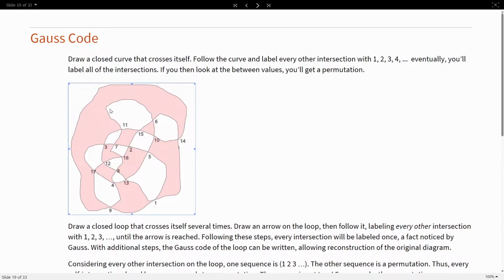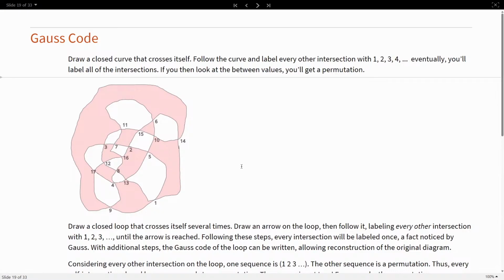And if you keep going around and label the intersections, adding numbers to every other intersection, eventually you'll label all of the intersections without overlap. And this is something that Gauss noticed. And for this set, we end with 17 here.